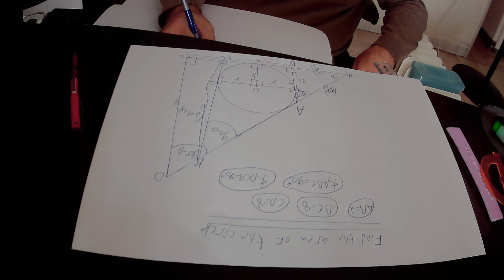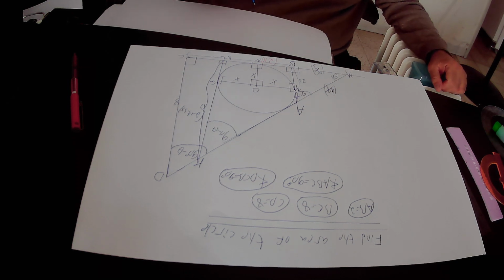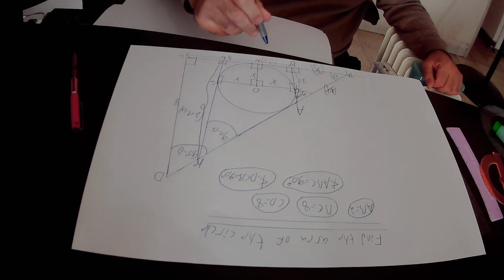Here, again, I found that the big triangle MKL is similar to the small triangle MAB. Therefore, we can conclude that another relationship exists between their sides. We conclude that ML in the big triangle over MB in the small triangle equals MK in the big triangle over MA in the small triangle.